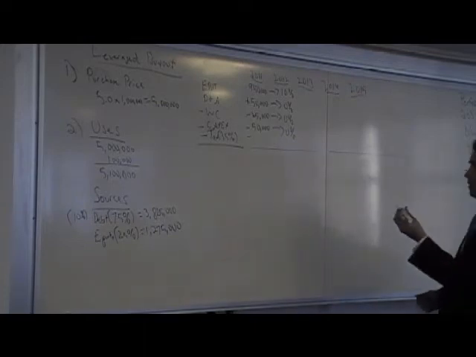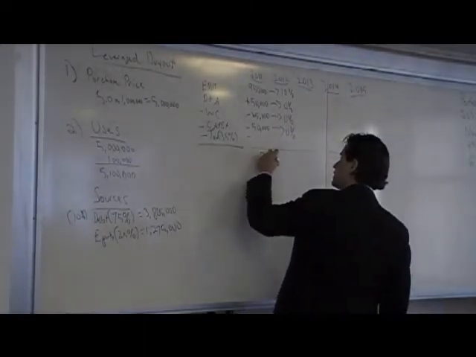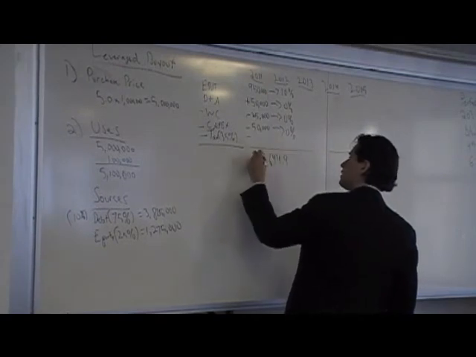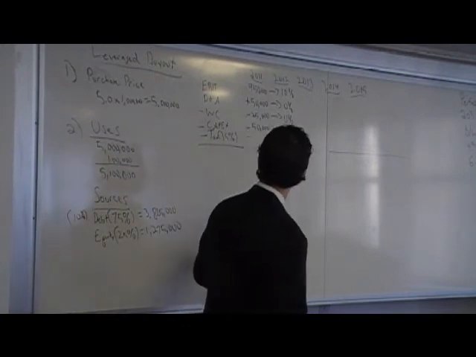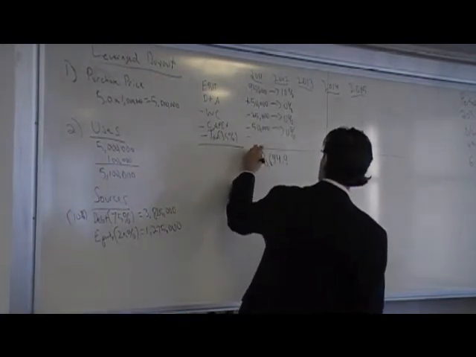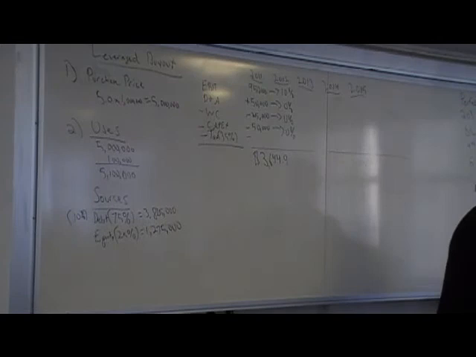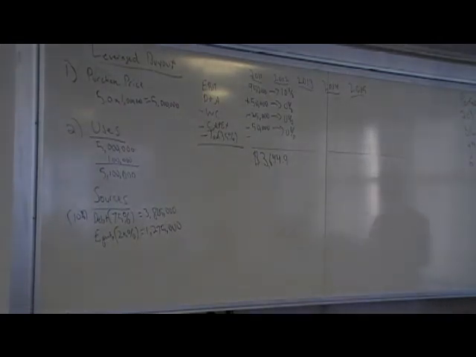So I got 36449 as the sum of all of them. It's the sum of all the cash flows. Good. I might have made a mistake.